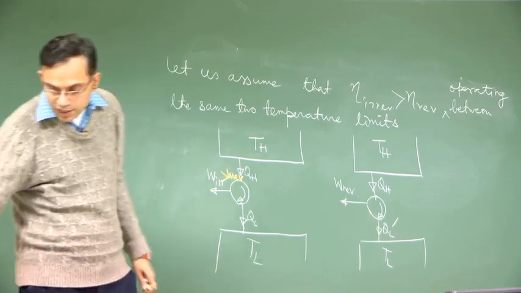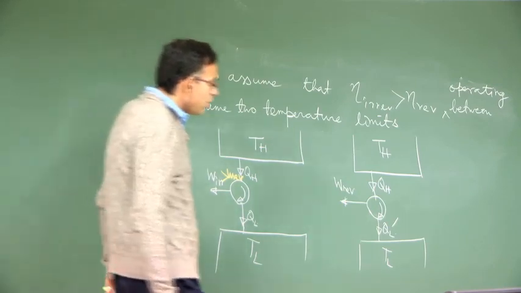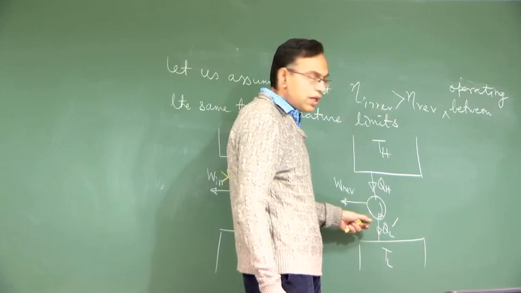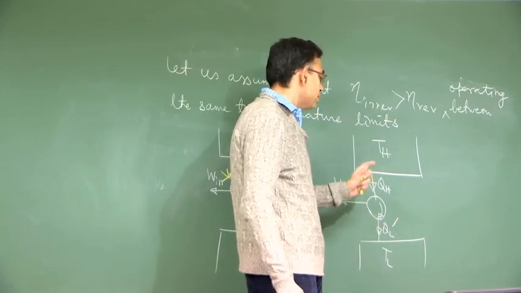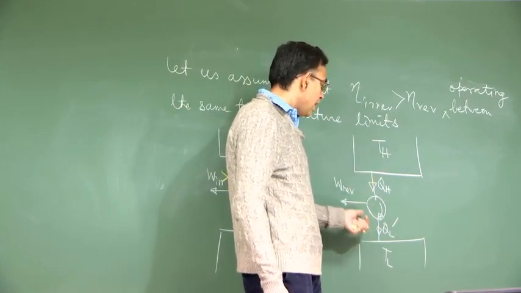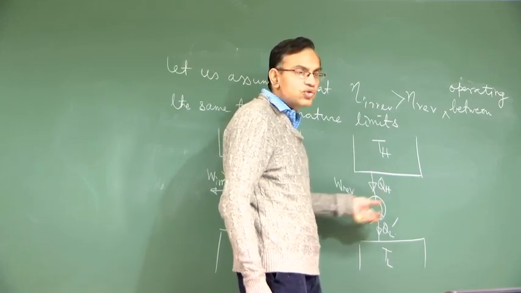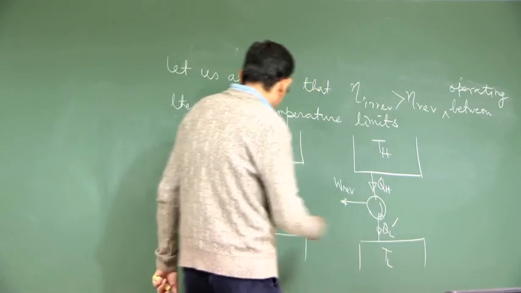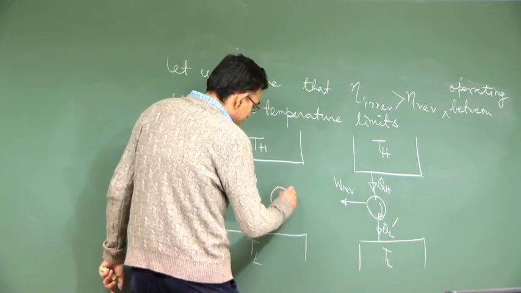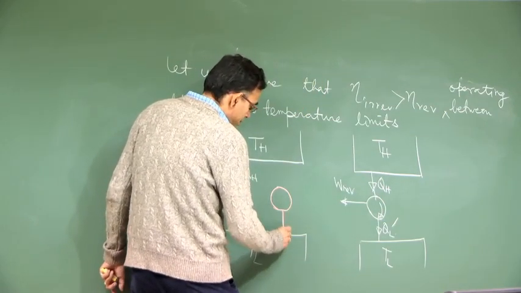Now, we make an interesting arrangement. Because this is reversible, we can reverse it without changing any net effect, and then this work output will just be the work input. It can be reversed to make a refrigerator or a heat pump, and let us put that heat pump here.